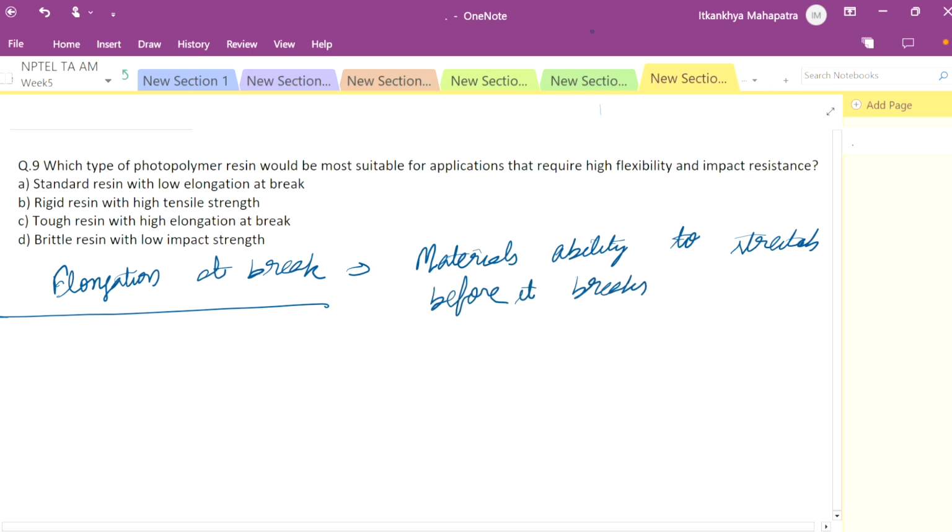Now, resins with high elongation at break are more flexible and can undergo significant deformation without fracture.